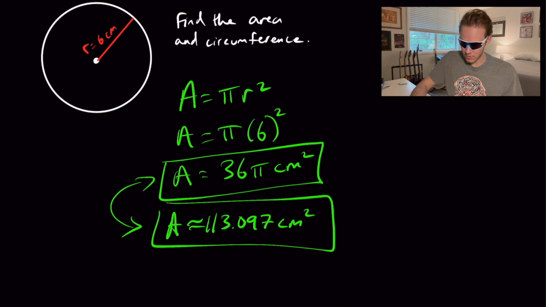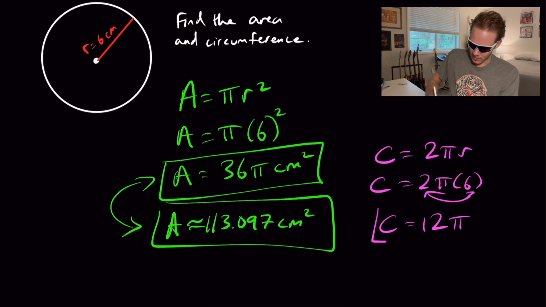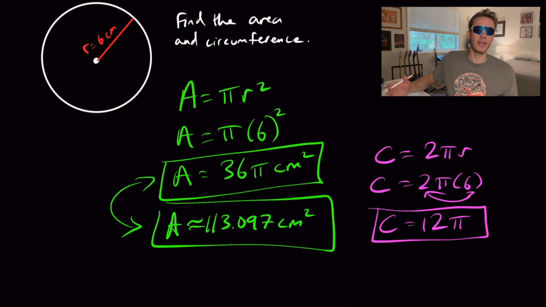This one, I guess, is technically the most accurate. But if we wanted to find the circumference, it is equal to 2 pi r. So if I just plug 6 in for r, and then I can do 2 times 6, which is 12. So C is equal to 12 pi. Again, that is an acceptable answer and probably the most correct.